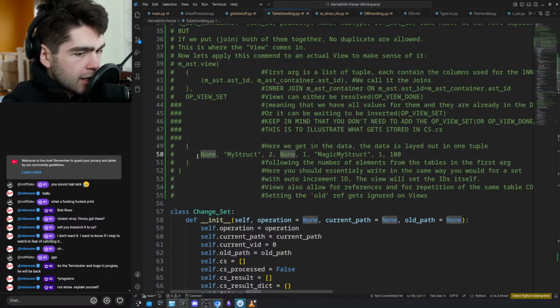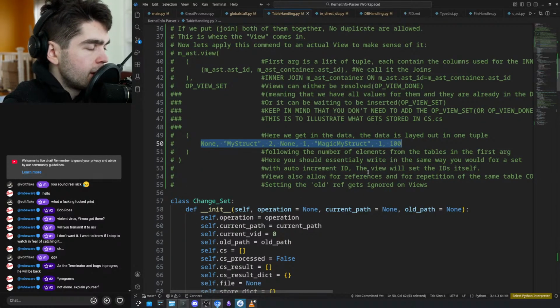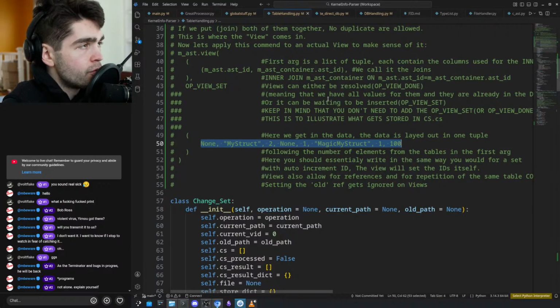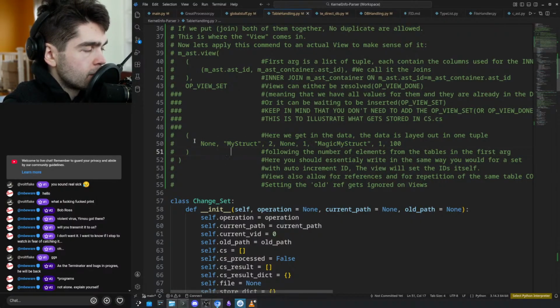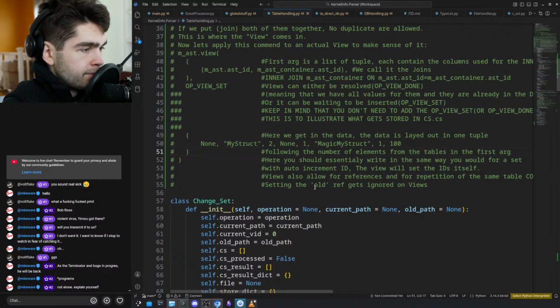Now, it's able to do the same thing as set, so it will auto-find and auto-increment an ID whenever we ask it to set a thing. It should be able to work with references. References can be used throughout this. The old function doesn't work with them.